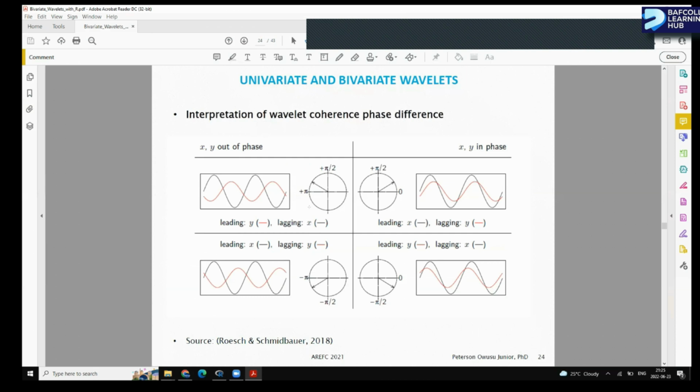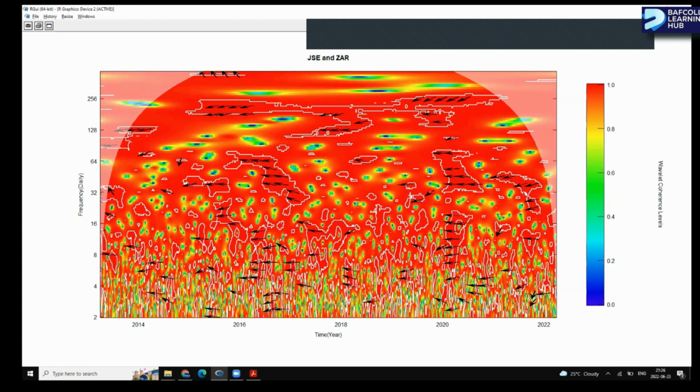It means that the exchange rate and the stock market are moving in the opposite direction, and the exchange rate is leading the stock market. So that's one. Okay, so here between scale 6 and 16, we realize that the markets are out of phase, and the Y is leading, which is the exchange rate.